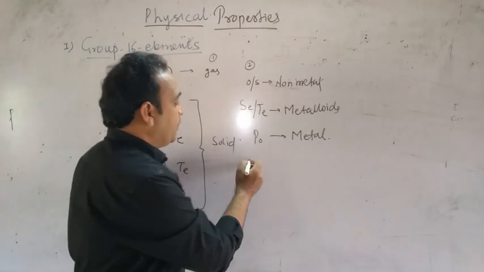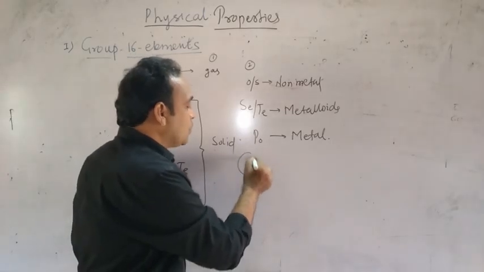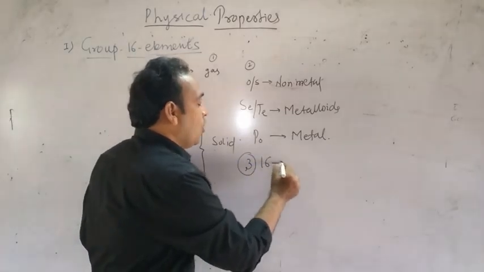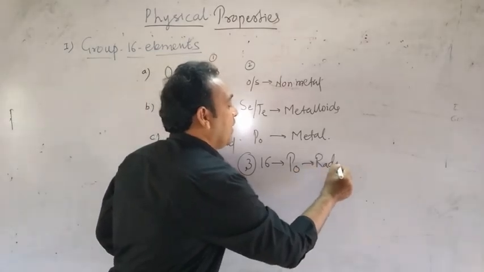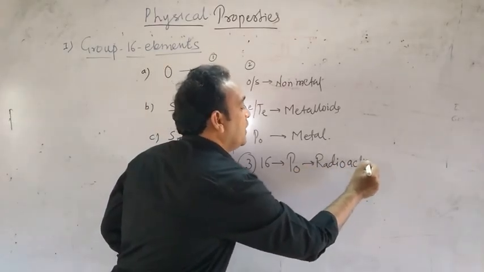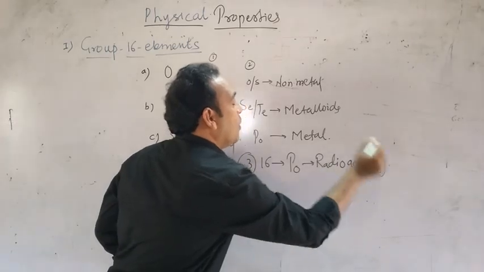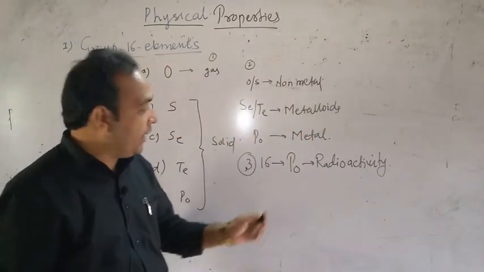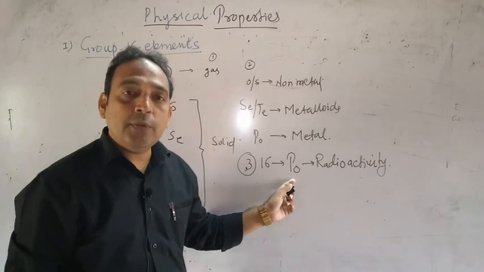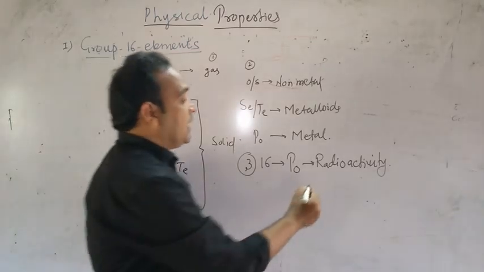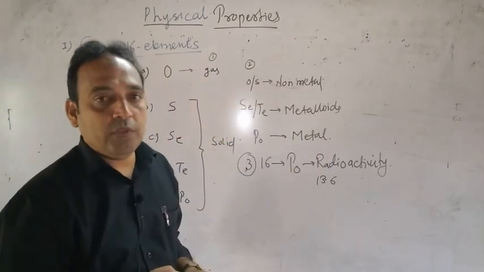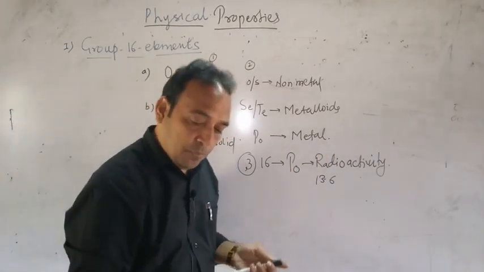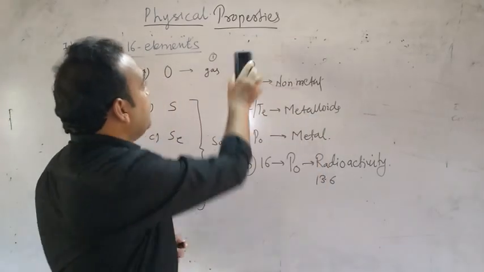Now the third physical property: amongst group 16 elements only polonium is radioactive. Yes, amongst group 16 elements only one element is radioactive. And which element is radioactive? Polonium, with its half-life period 13.8.